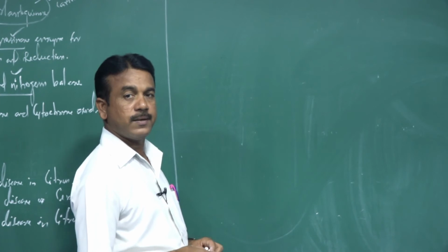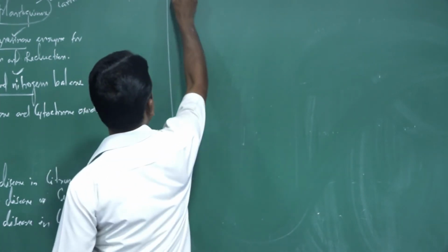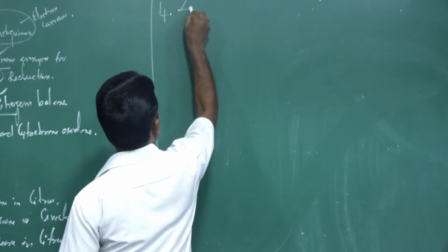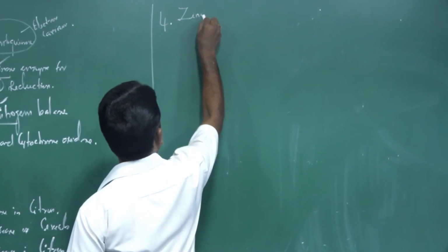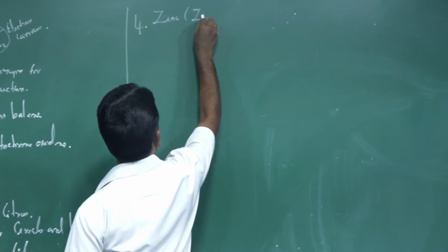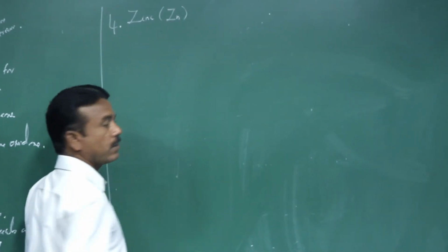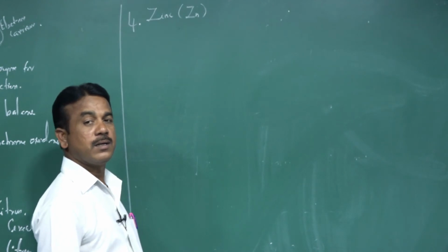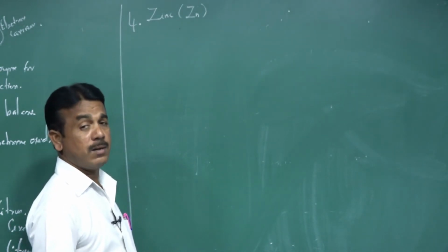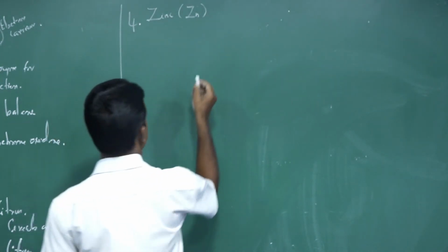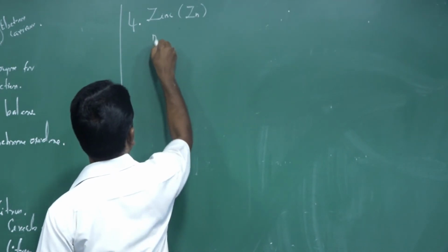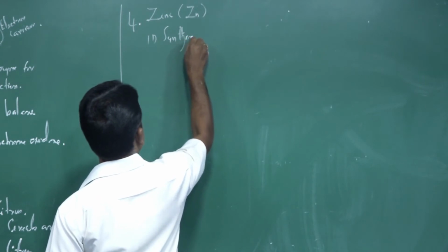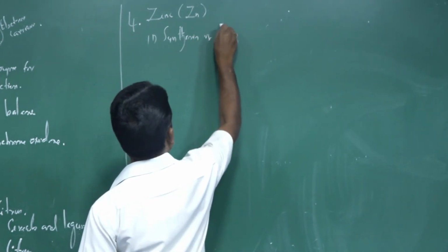Can I go to the fourth one, micronutrients? That is commonly called zinc. What is the symbol? Zn. Zinc is the essential component for synthesis of IAA.